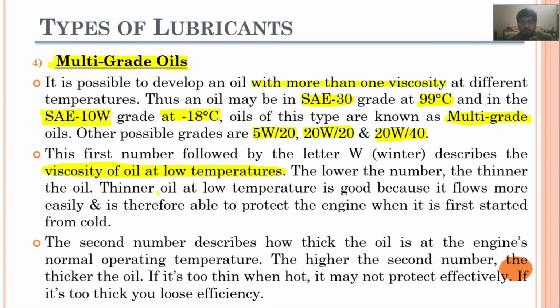Thinner oil at low temperature is good because it flows more easily and is therefore able to protect the engine when it is started from cold. The thinner the oil, the colder the environment in which it can start your engine.